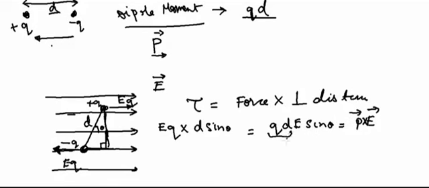So this can be replaced by p, where the dipole moment p is equal to qd. Here is one interesting thing: this qd term directly affects the moment experienced by the dipole when it is kept in an electric field, and because it affects the moment, it is called the dipole moment. The moment or torque when a dipole is placed in an electric field is p cross E.